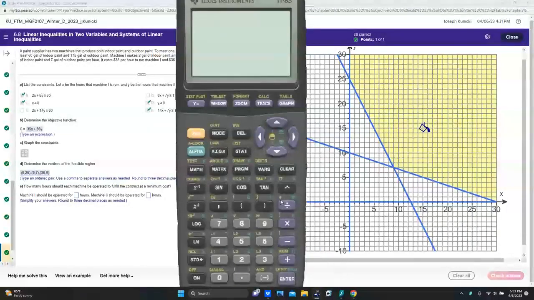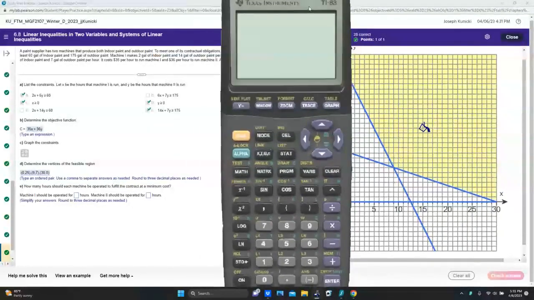So I open up the calculator and I got to calculate these values. So it's 35x. Let me clear that. So 35x, and we're going to start at the first one, which is 35 times 0 plus 36 times 25 for the y. So that's $900 just to run machine 2 by itself.